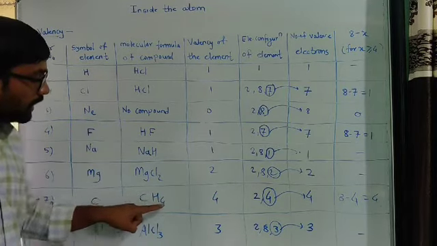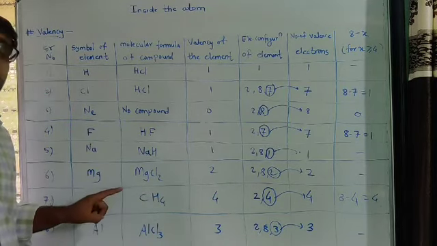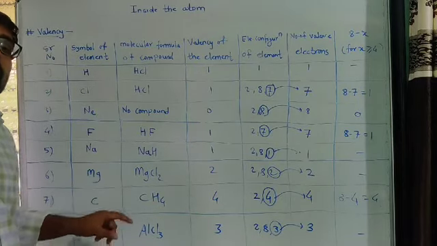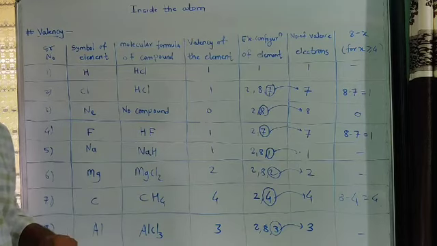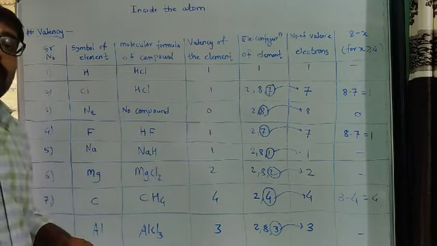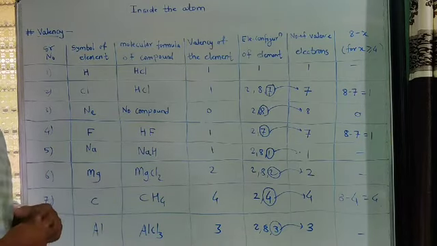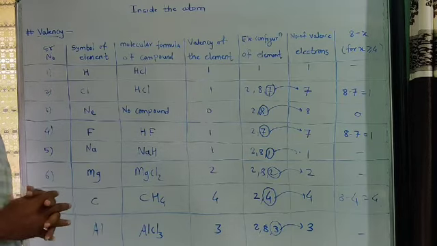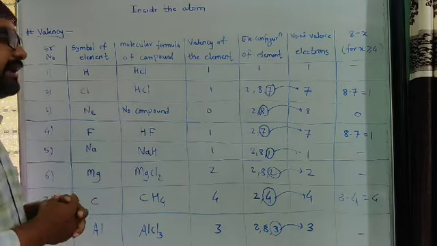So 4 hydrogen atoms separately react with this one carbon atom, and then a covalent bond is formed, and both complete their doublet and octet. That we will see in the chemical reaction part.